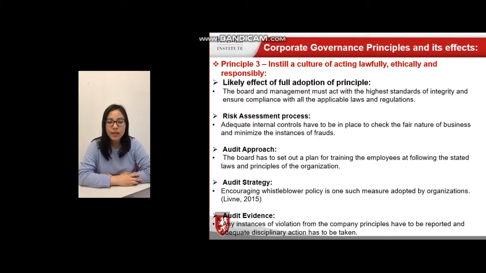The board has to set out a plan for the training of employees to follow the laws and regulations of the organization. Audit strategy includes whistleblowing policies, and audit evidence includes that any violations of the company rules and regulations should be reported and acted on adequately, and adequate disciplinary action has to be taken by the organization.